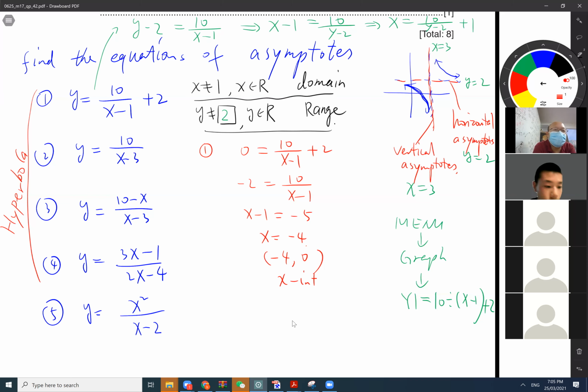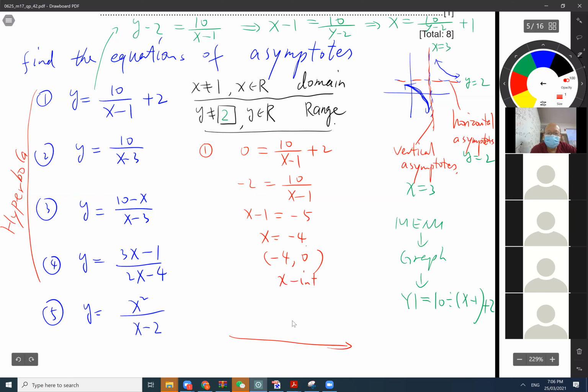So y can be 0, but y cannot be 2. Now, how do we sketch the graph, guys? x cannot be 1 in hyperbola. The whole curve does not touch this line. So we can say x equals 1 is the vertical asymptote.